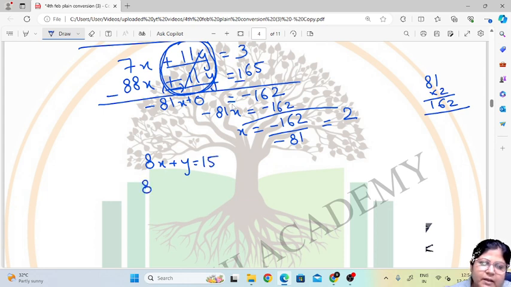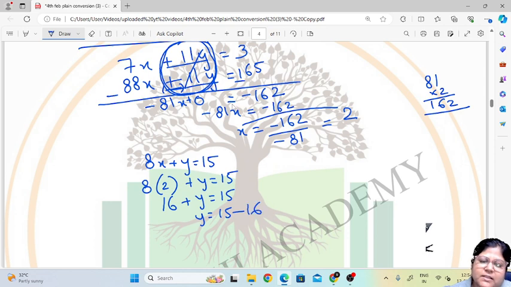So 8 into 2 plus y equals 15. 8 times 2 is 16, plus y equals 15. So y equals 15, this 16 goes that side, minus 16 it will become. y equals minus 1, and x equals 2.